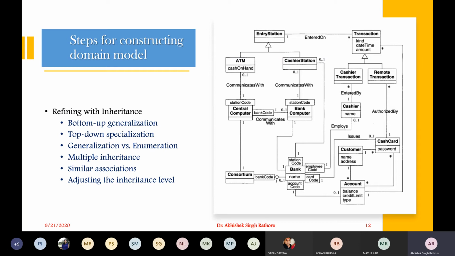Top down specializations are often apparent from your application domain. So we start by looking for noun phrases that are composed of various adjectives on your classes.